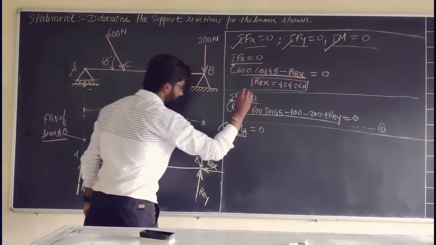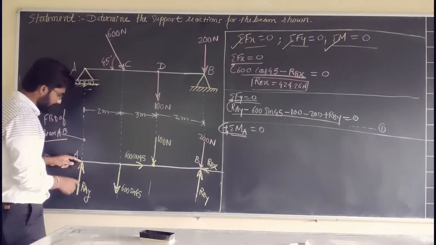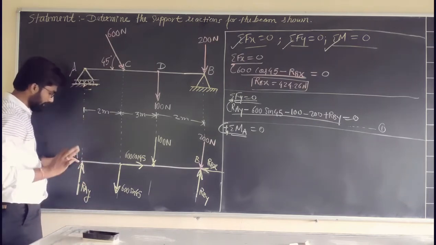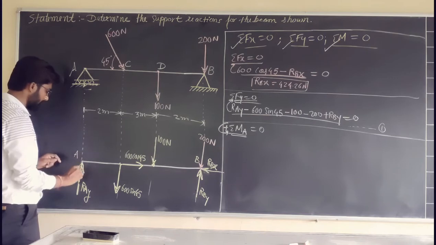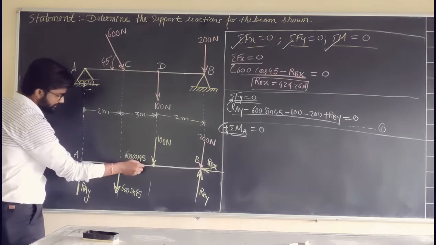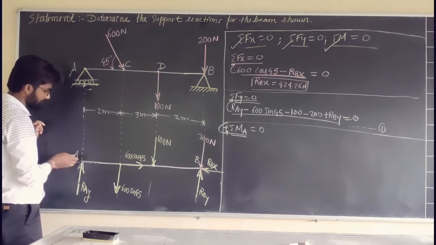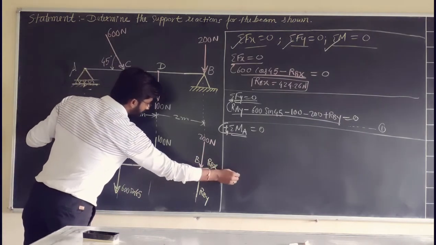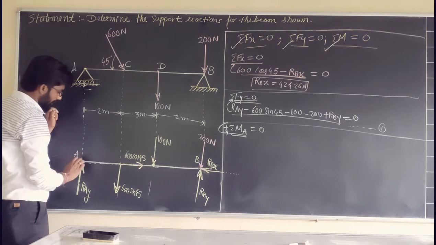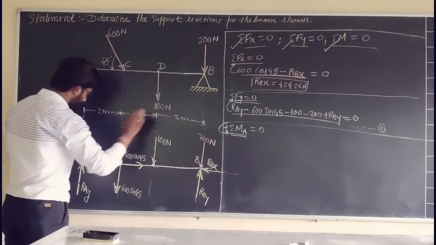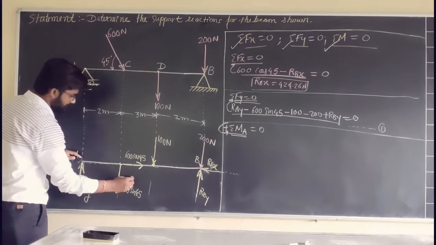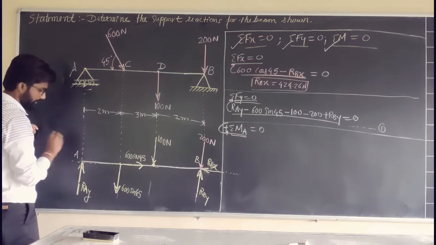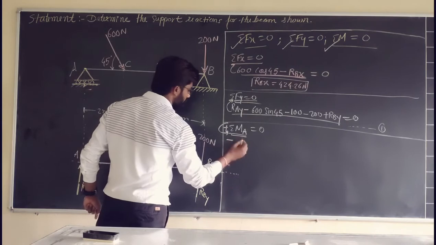Our aim is to find the summation of moment about A. The forces whose lines of action pass through A will create zero moment about A. So RAY, whose line of action passes through A, creates zero moment about A. The 600 cos of 45, whose line of action passes through A, has zero rotational effect around A. Similarly RBX, whose line of action passes through point A, creates zero moment about A. Now the 600 sin of 45 will create a moment about A. It creates a clockwise effect, and since we have assumed anti-clockwise positive, clockwise will be minus.